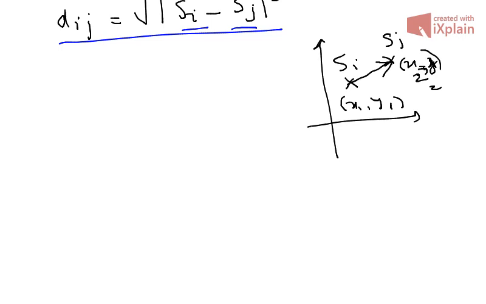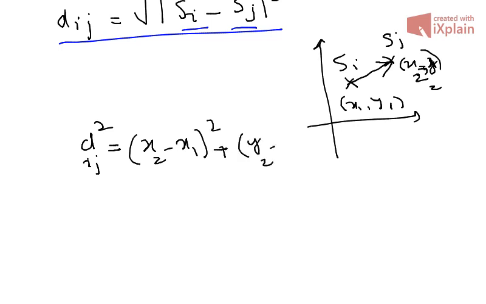The square of this distance ij is equal to x2 minus x1 whole square plus y2 minus y1 whole square.